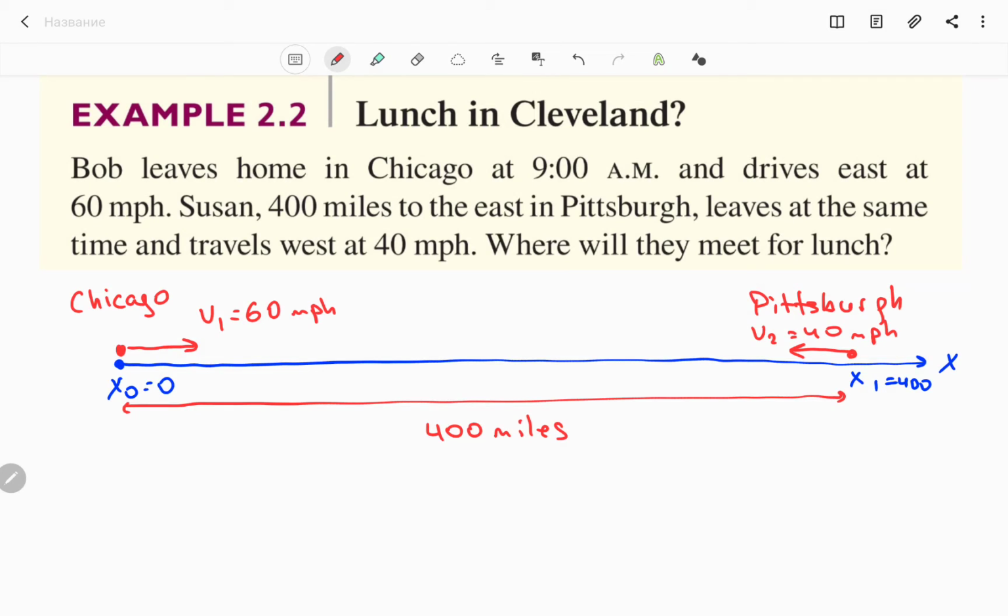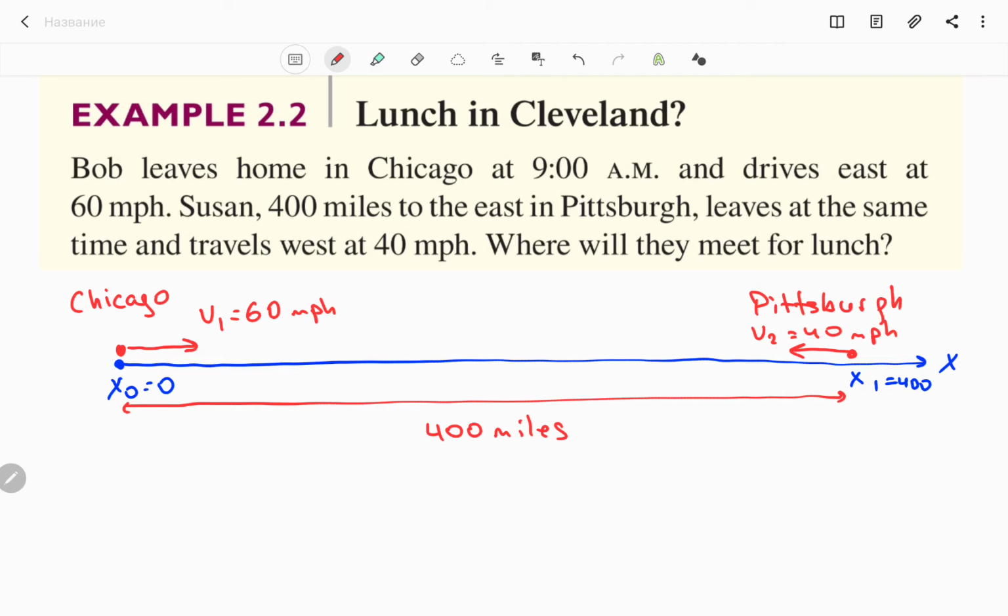We draw a diagram to make it simple, and we choose our origin for x position as Chicago. So Chicago is located at 0 position. And Pittsburgh's position is positive 400 miles. And V1 is directed to the right, 60. V2 is directed to the left, 40.